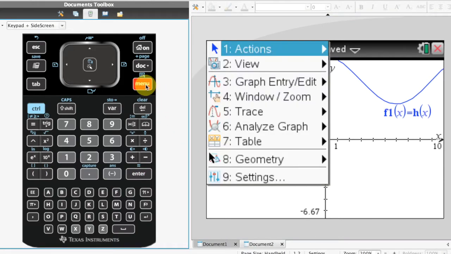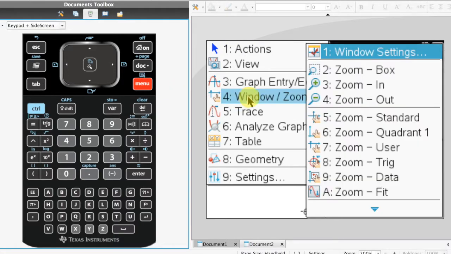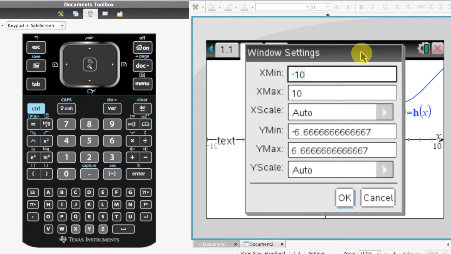If I go to menu and I go to window settings, what my x value is, I might go from -2 just to show what's going on, and I might go to 26. My y values, remember I'm ranging with heights between 3 metres and 7 metres, so I might go from -2 to 10 and look at graphing that.